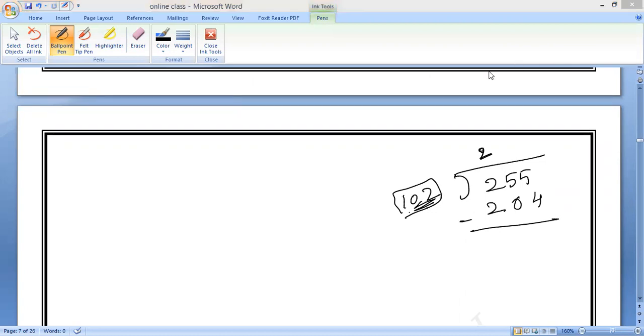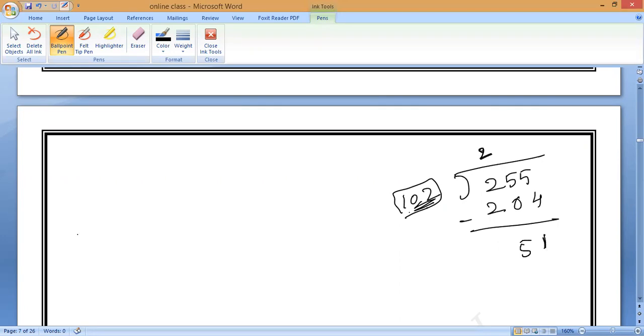The HCF is 51, Kevin, your answer is correct. So 255 is equal to 102 into 2 plus 51. 51 2s are 102.